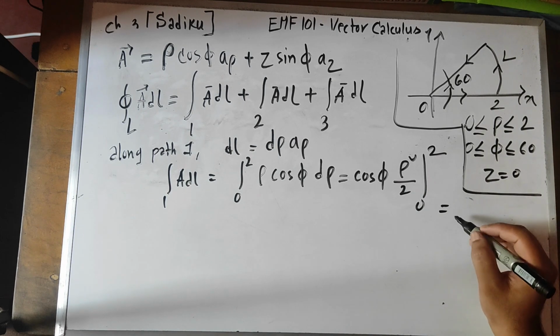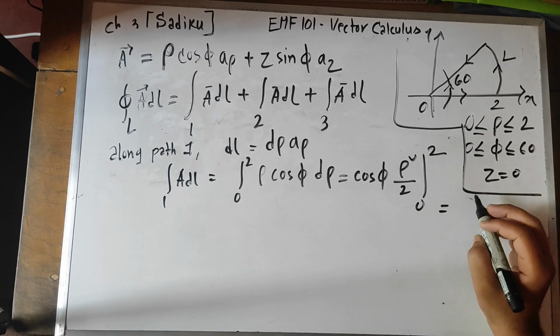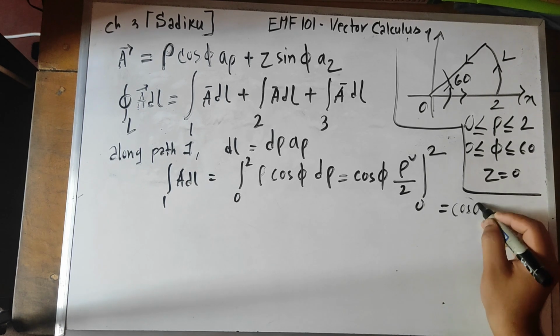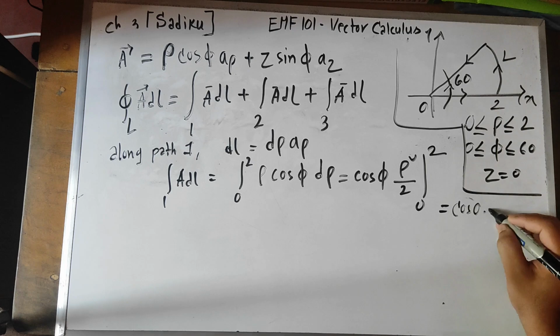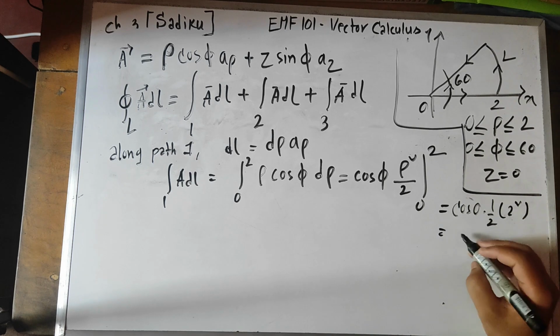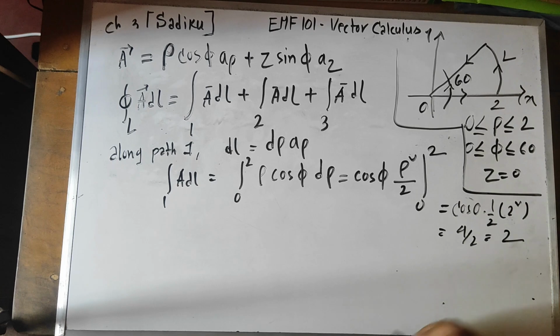Here φ is 0, so cos 0 times half of 2 squared, which is 4/2, which is 2.